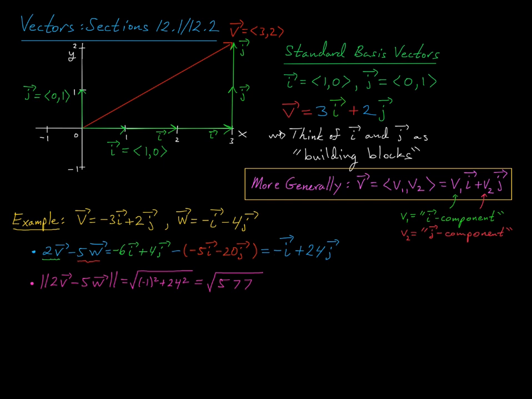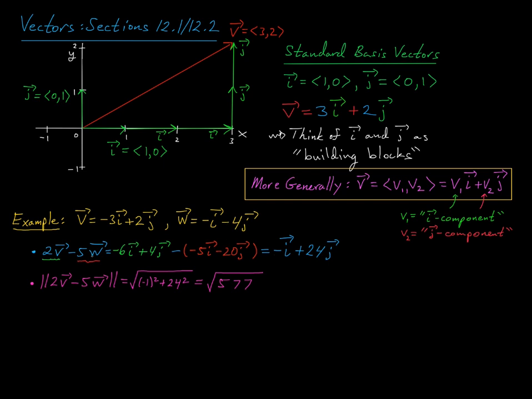Well, this works just the same way as what we had for components, right, given this identification here. So 2v, I'm just going to scale, right, the i component and the j component by 2. That's going to give me negative 6i plus 4j. And then what's 5w? Well, scale the i and the j components of w by 5. And so that'd be minus 5i, and that'd be minus 20j.